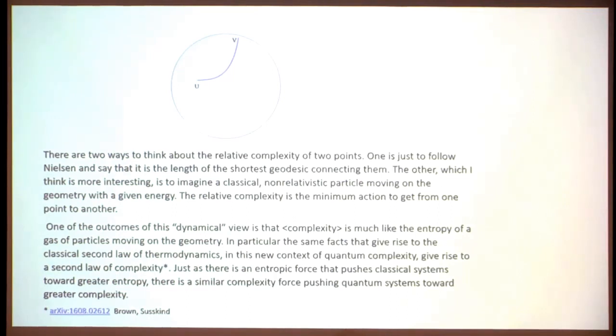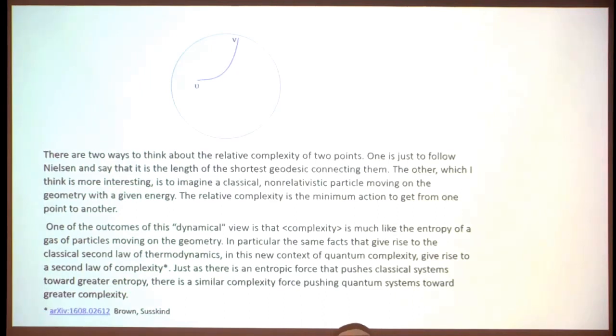The action point of view suggests something which turns out to be true. It suggests that if you're thinking about an ensemble of theories, like in SYK, you can start out with a whole bunch of points at the origin to follow the complexity and let them flow away by the natural dynamics induced by the metric of the space.